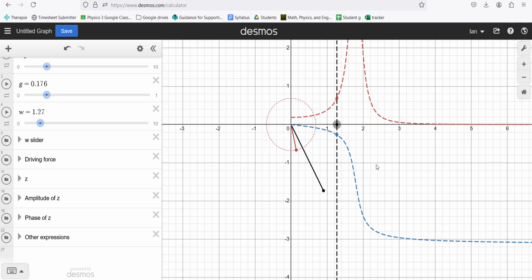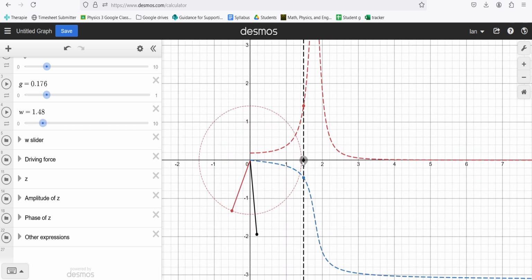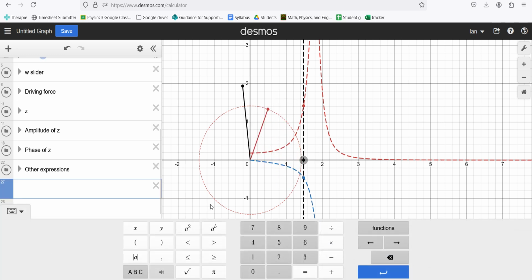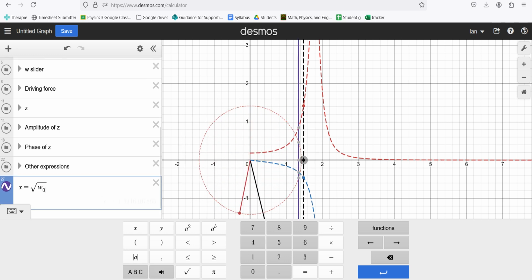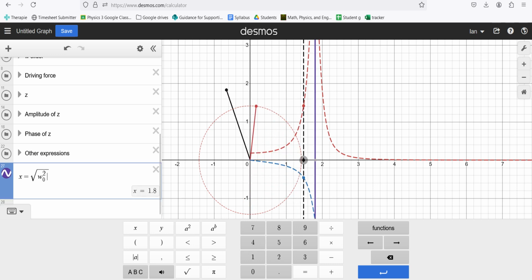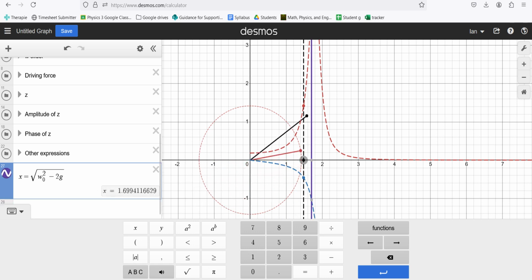So one thing to mention, you might be saying, oh, okay, so the resonant peak is exactly at 90 degrees. That's not actually true. The resonant peak from last time, if you guys remember, was at, what was it? Square root of omega naught squared minus 2 gamma squared.